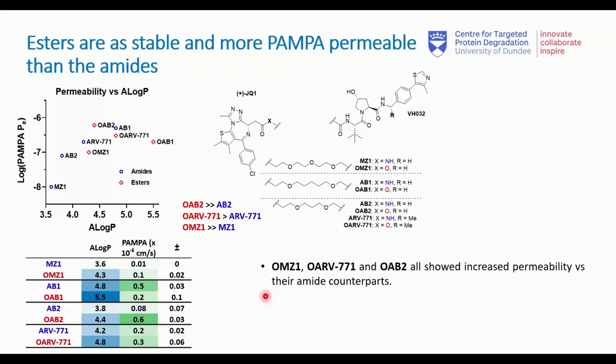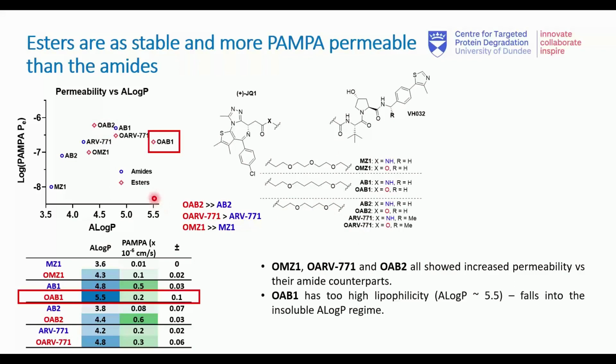So we adopted the same PAMPA permeability assay for this set of 8 compounds, and what was great is that we did see an increase in permeability, and there was a nice positive correlation between the calculated log P and this permeability. You can see here that MZ1 is actually the least permeable of this compound set. And compounds like OAB2, which is this compound with the shorter linker, is one of the best at permeability.